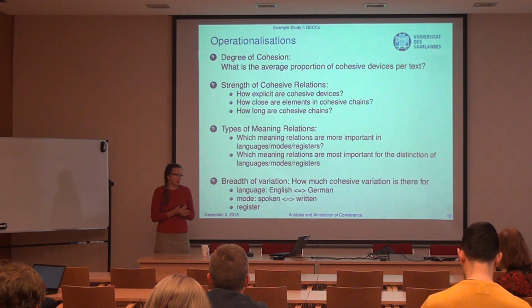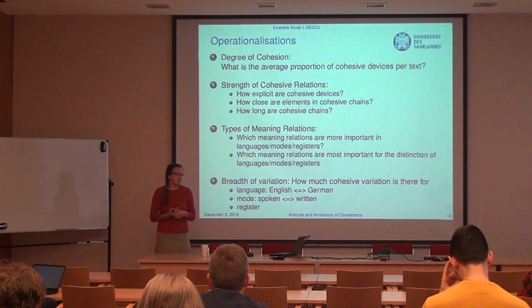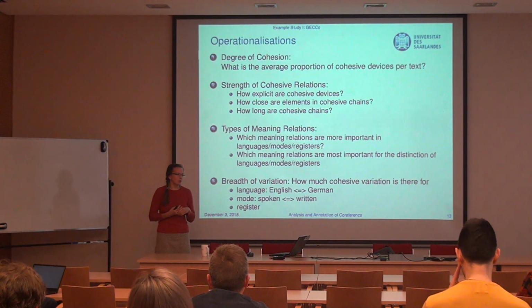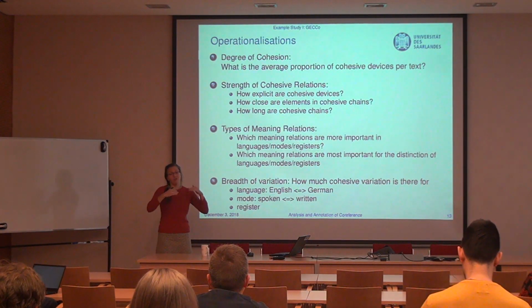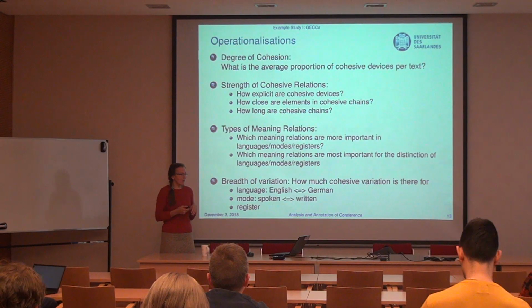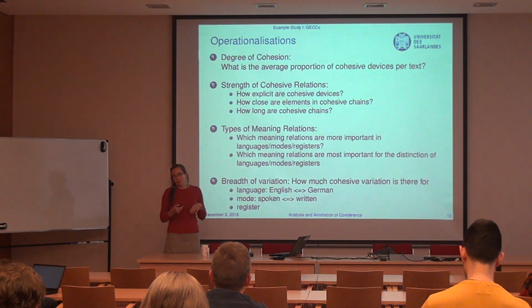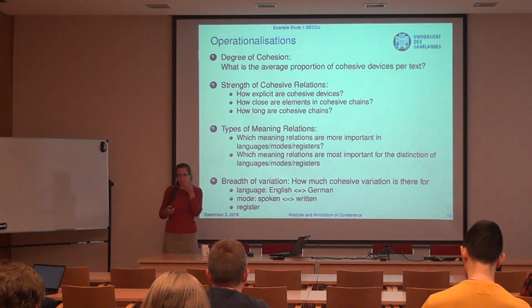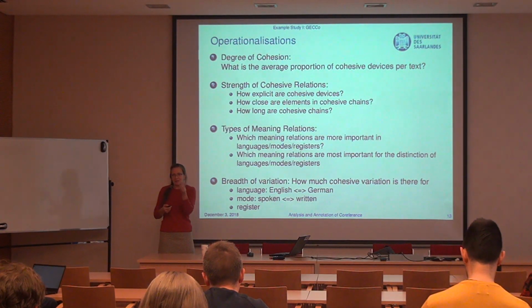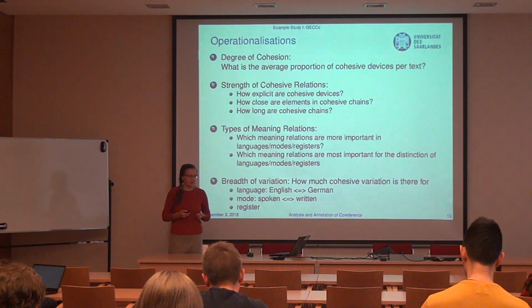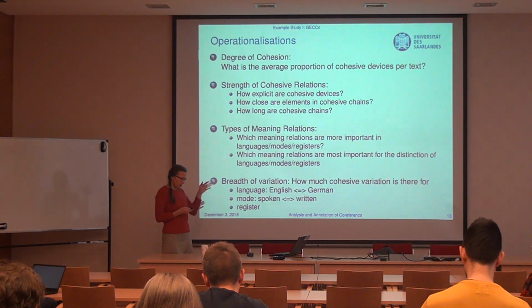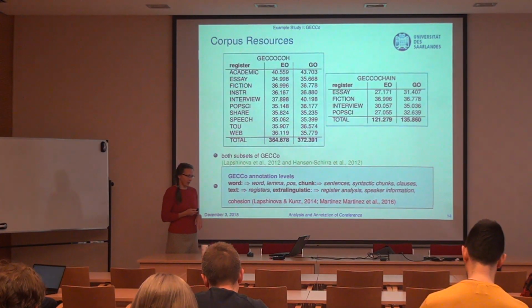And then for breadth of variation, we compared in general how much cohesive variation there was for all these 3 variables. So in fact, if you think in terms of NLP and training, for example, a coreference system, these are similar categories that I use for it. And here we use them for contrastive analysis.